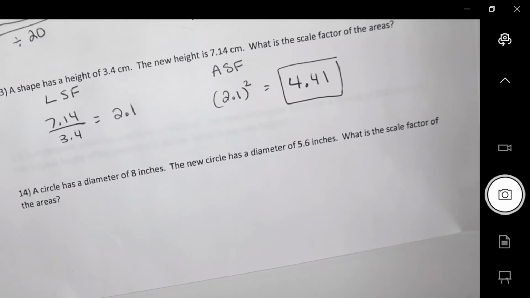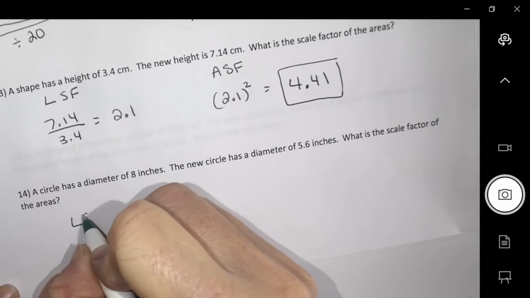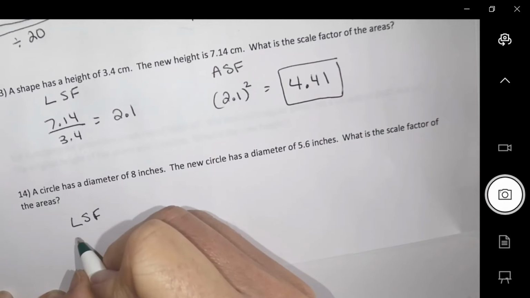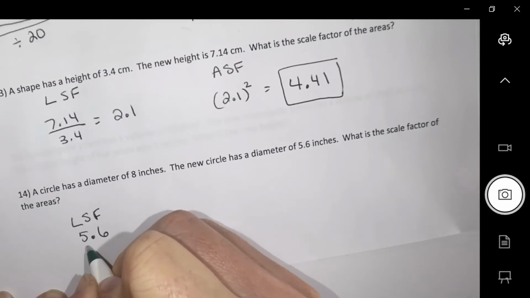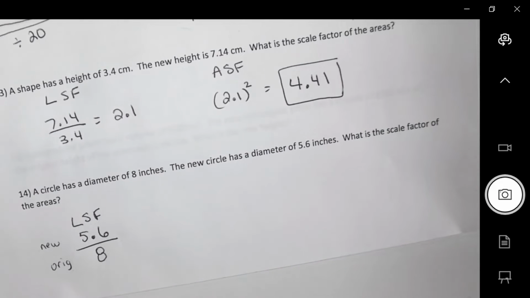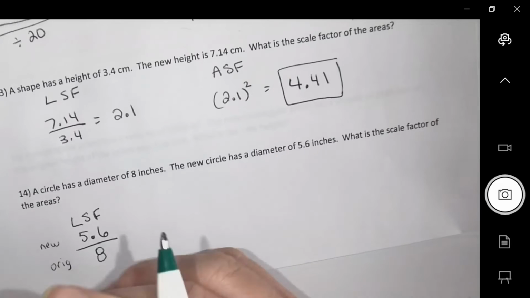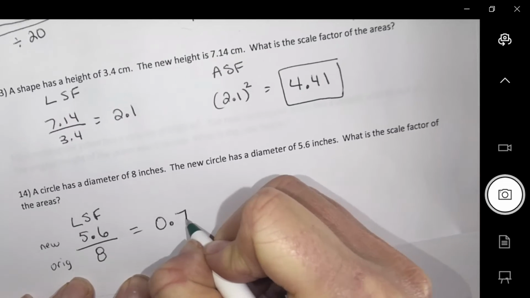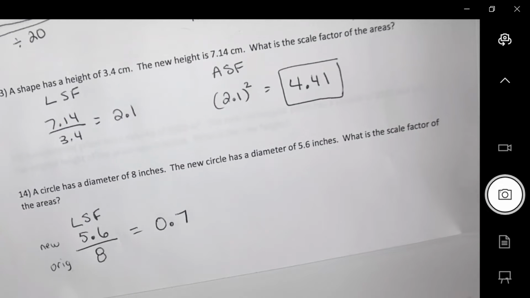Okay, same question. I gave you a diameter and a new diameter. So what is the linear scale factor? The new divided by original. Do you understand that this number is going to be less than 1, because my new object is smaller? So that's a reduction.